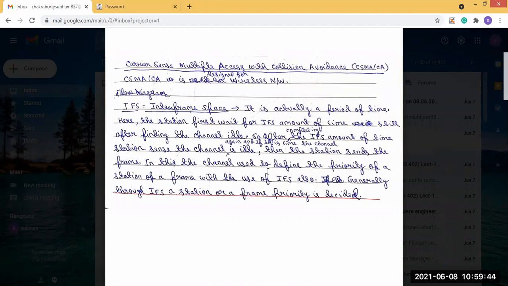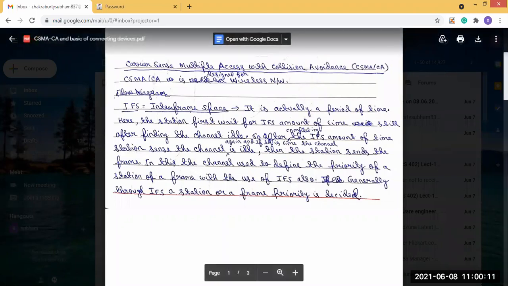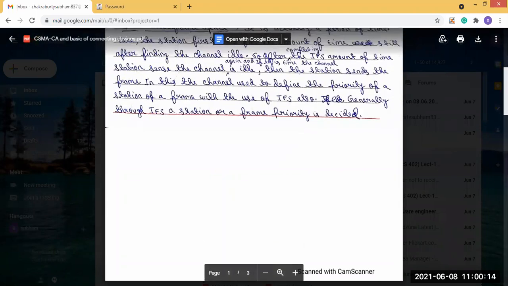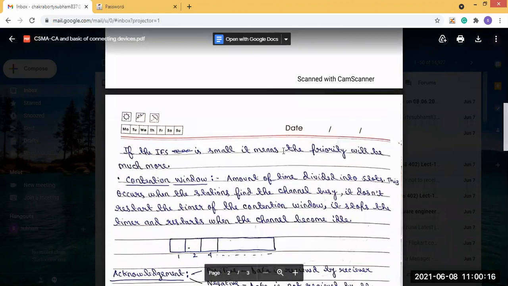The station with less IFS time has high priority to send the frame. But the stations using much more IFS time do not have such high priority, and they can send the frame after some time. This is the interframe space time. So if the IFS is small, that means the priority will be much higher.